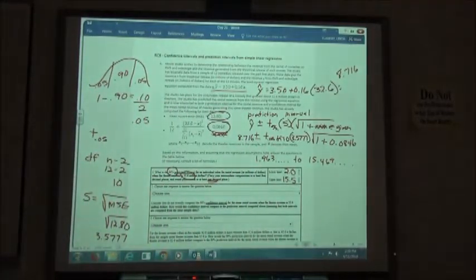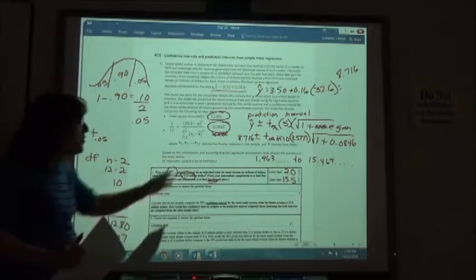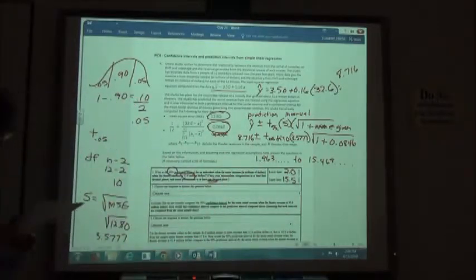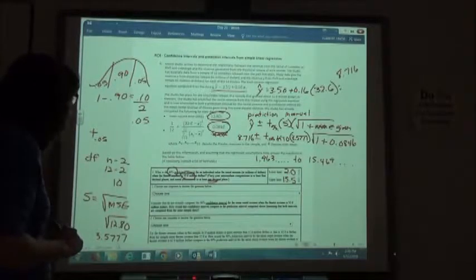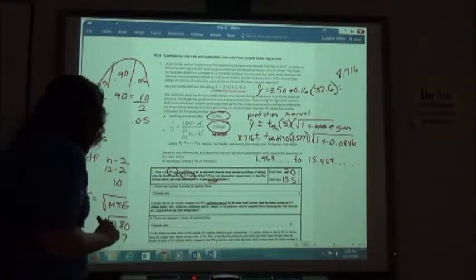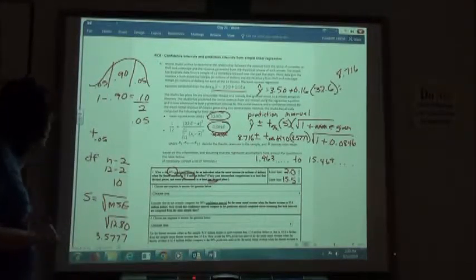All right, so that one part of that question was really long because I've got to do a number of calculations in order to find just those 2 values. The next part of the question says, choose one response to answer the question below. Consider, but do not actually compute, the 90% confidence interval for the mean rental revenue when the theater revenue is $32.6.